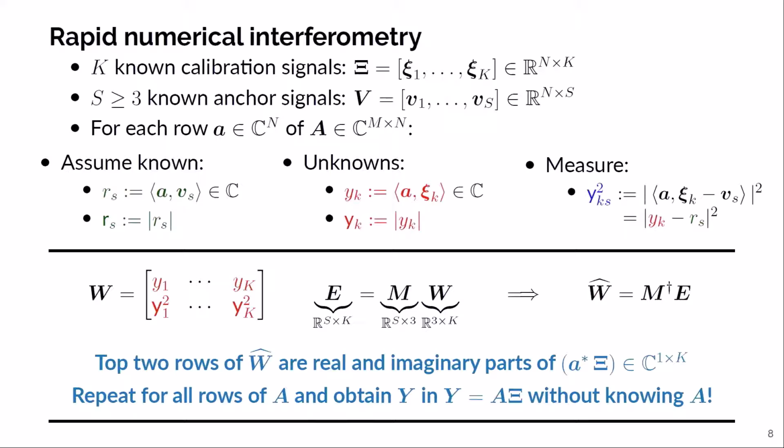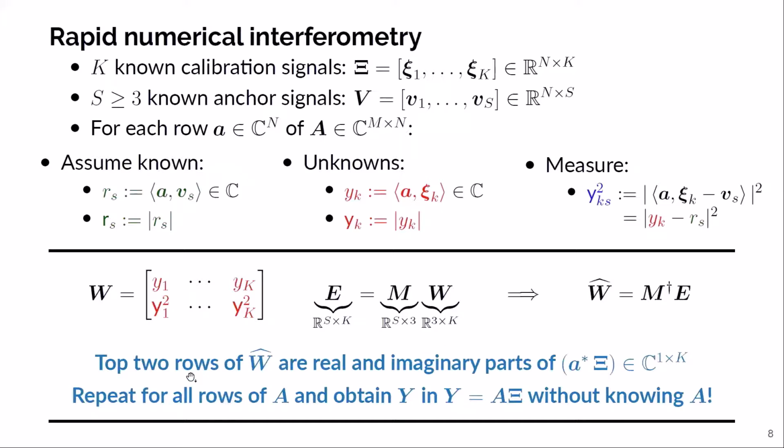And we can just use simple pseudo-inverse to do this because M has 3 columns and it's S rows tall, and S is typically in our experiments about 10 or 20, so it's extremely fast to compute this pseudo-inverse, and we can very rapidly get W. And we can then take the top 2 rows of W, which are the real and imaginary parts of all the calibration signals interacting with row A of our transmission matrix, and basically this gives us a row vector of length k.